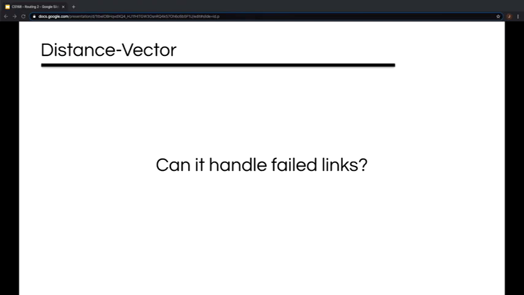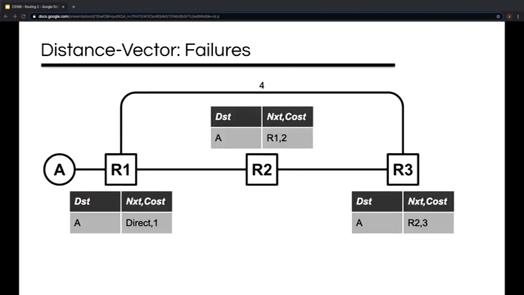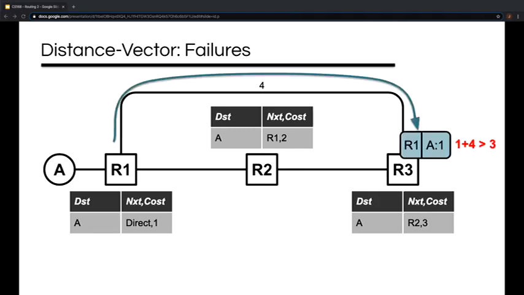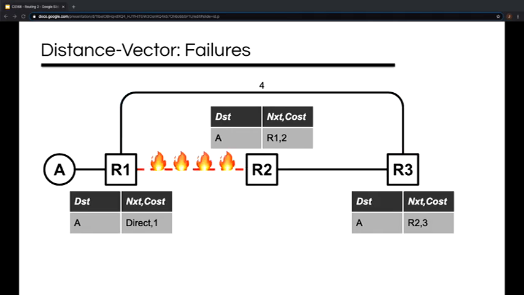So we're going to skip the break, and we're going to ask this question: can it handle failed links? Let's go back to this topology with the extra link, but this time it's going to have a cost of 4. So this network is going to originally converge to the same routes as before because R3 is getting advertisements on the top link, but they're worse than the routes that it's getting from R2, so it's ignoring them, right?